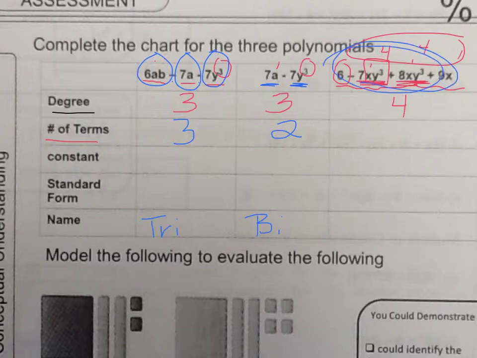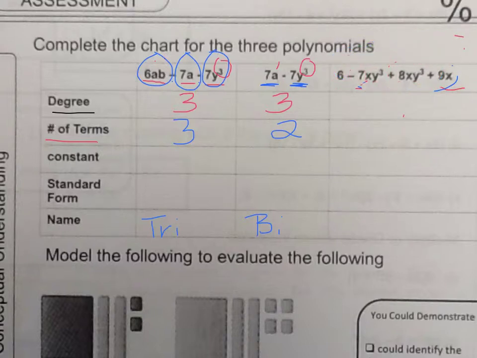I'm going to try to erase that if I can. The reason that is a tricky question is because these terms here are like terms, meaning I can add those together. If I can add those together, so why don't we do standard form right now?